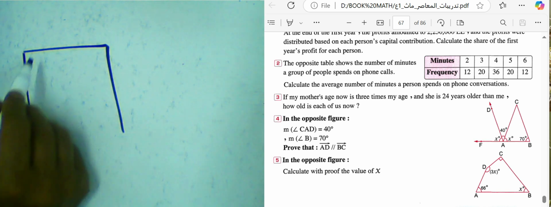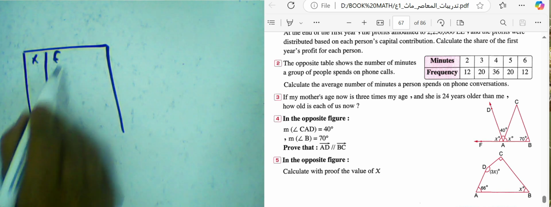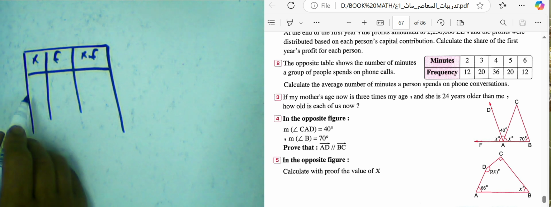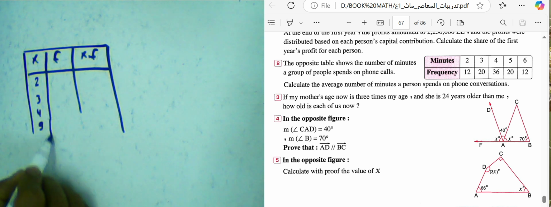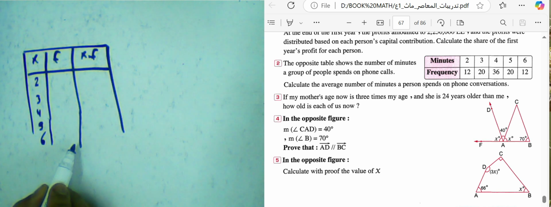We'll divide it into x, f, and x multiplied by f. X here is 2, 3, 4, 5 and 6.